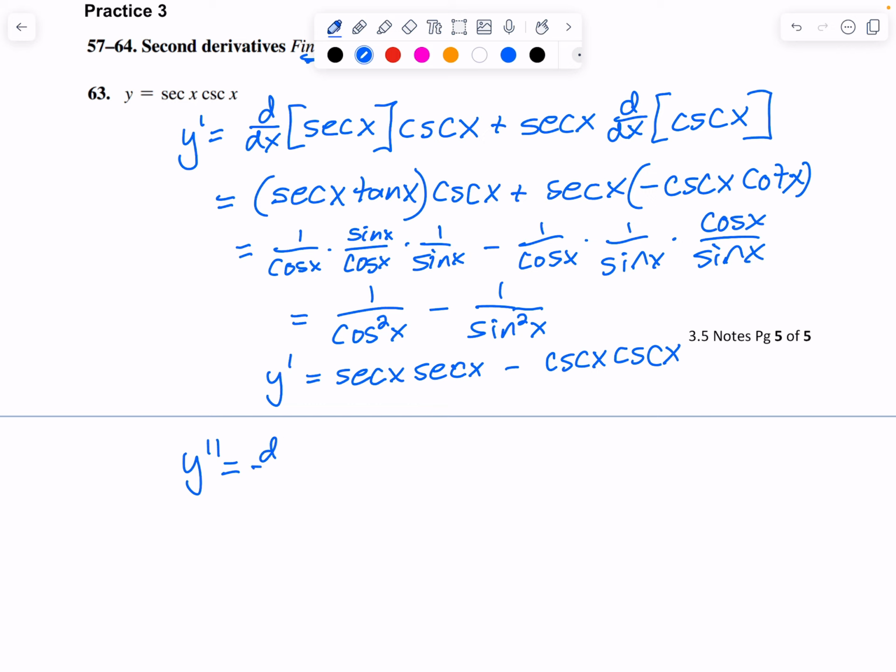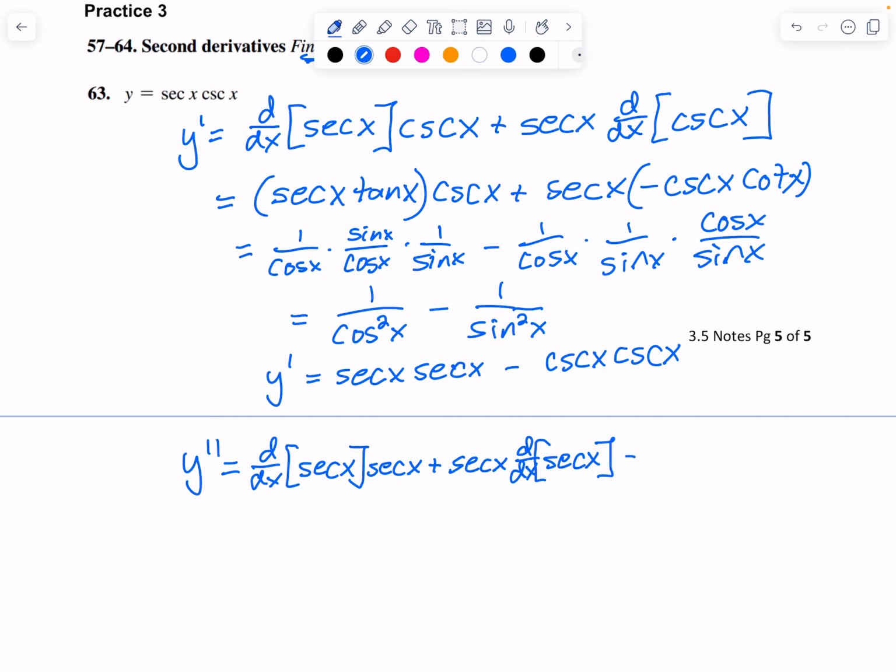So d dx of secant x times secant x plus the secant x times the derivative of secant x. Notice they are the exact same thing, right? And that's going to happen on this back part too.